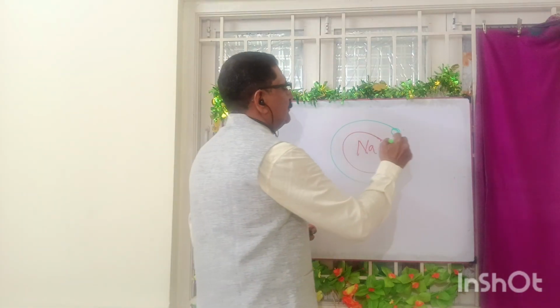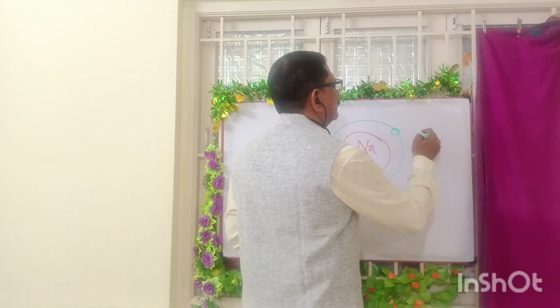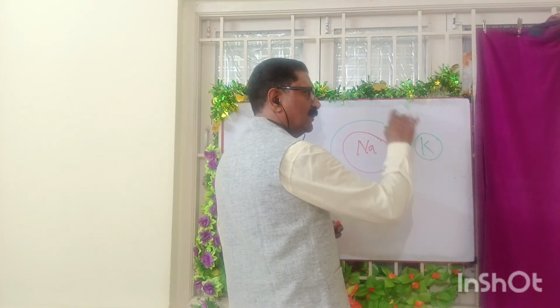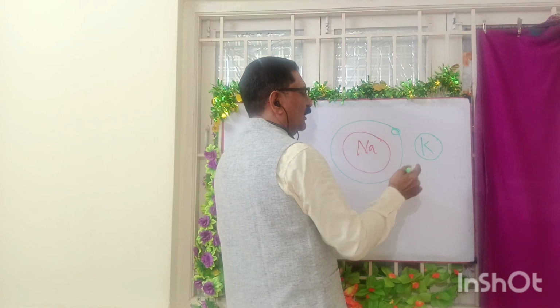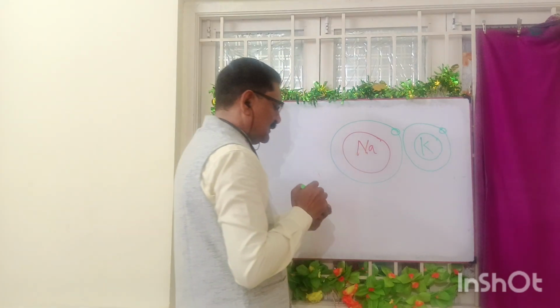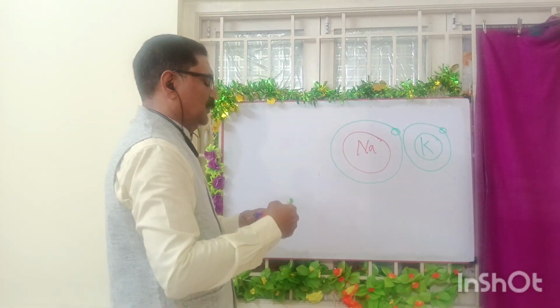In the same way, potassium. This represents the nucleus as well as all the inner orbits. We are drawing only the outermost, which also is equal to 1.